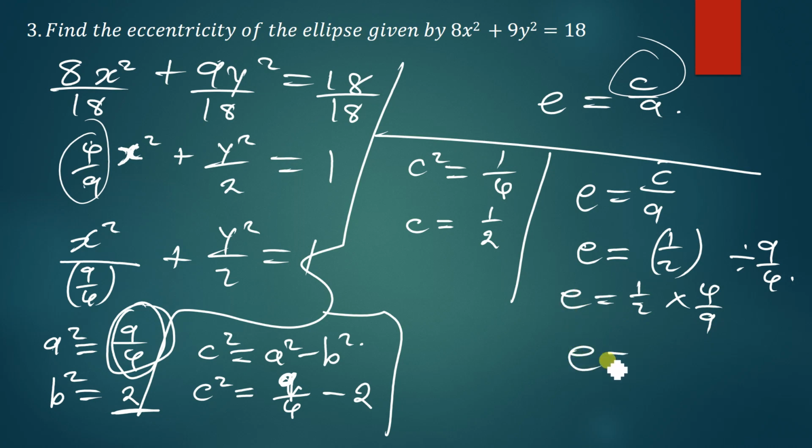So eccentricity is simply just 4 over 18, which can be reduced to 2 over 9. Alright, so this is the procedure you're supposed to take to find the eccentricity when you've been given the equation. So this is how you're supposed to do it.